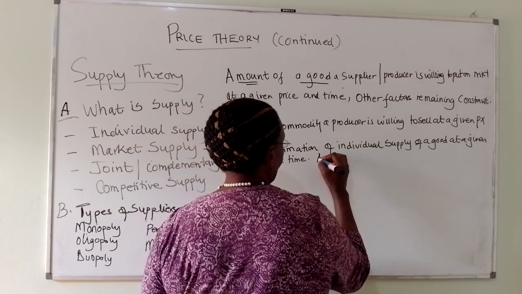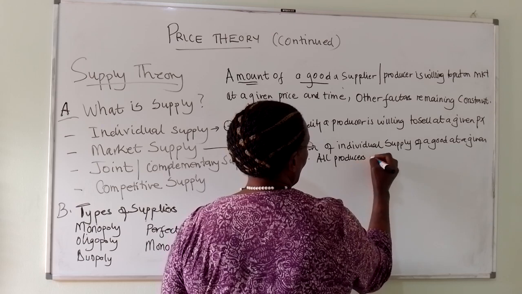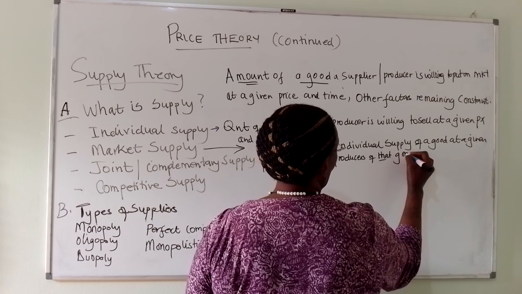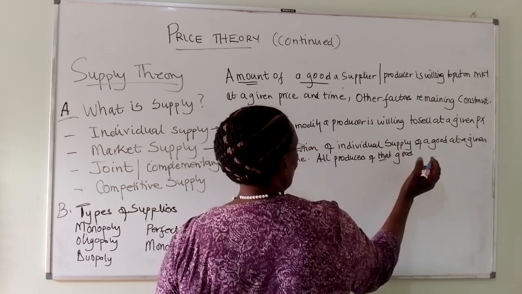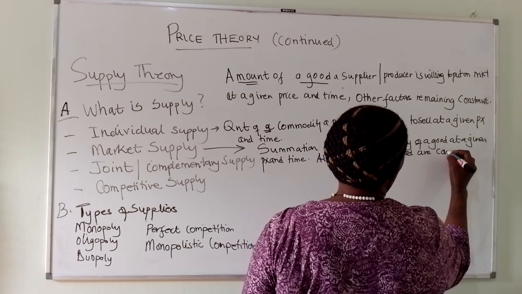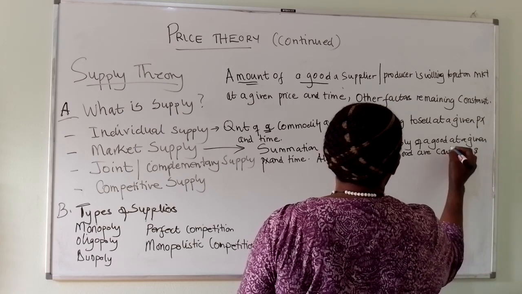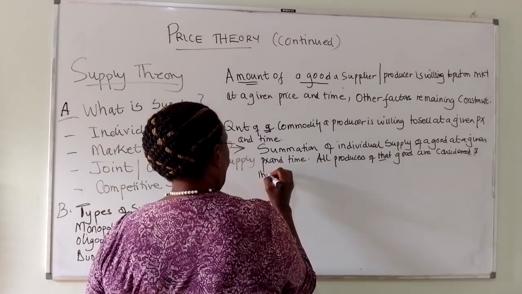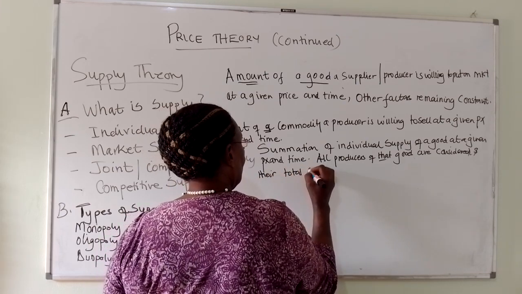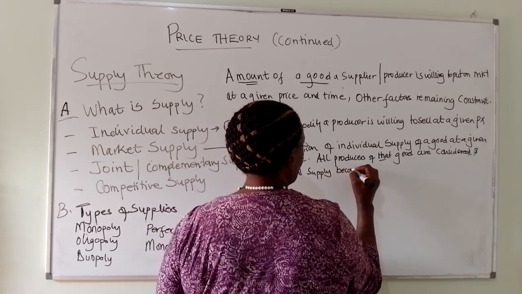So all producers of that good are considered, and their total supply becomes the market supply.